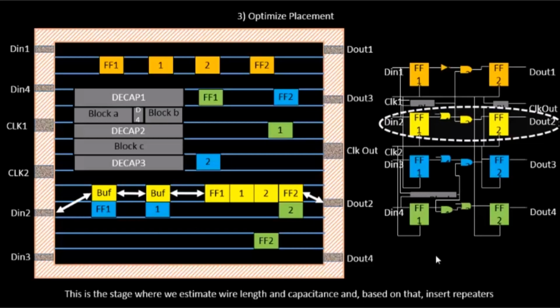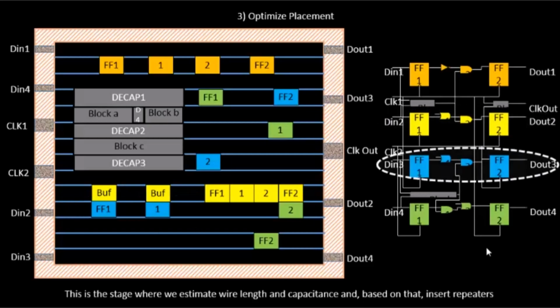Okay, next, moving on to the next set of circuit. Let's say we have this blue colored circuit. In the blue colored circuit, we have D in 3 over here, and we have D out 3 somewhere over here. So let's look into the conditions. D in 3 is placed at a sufficient distance from flip-flop 1. We might not need a repeater somewhere over here because it's a reasonable distance to reproduce the signal.